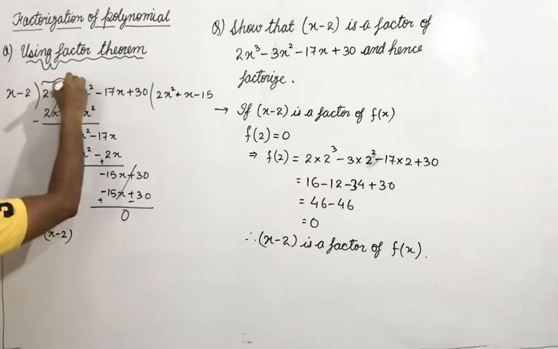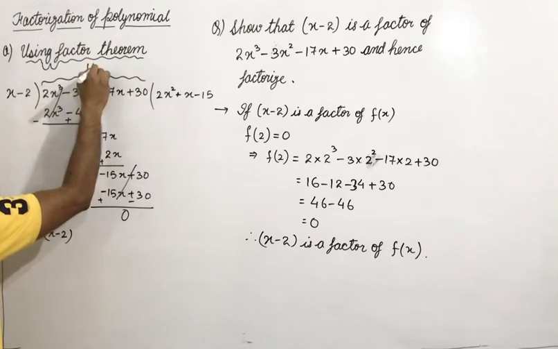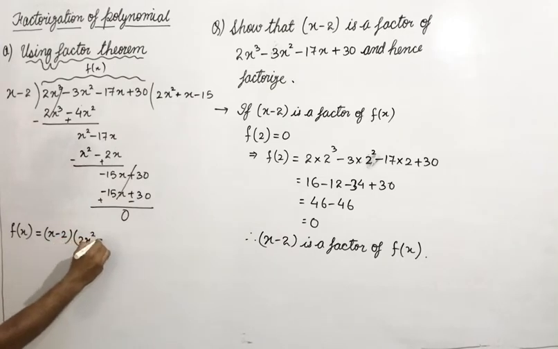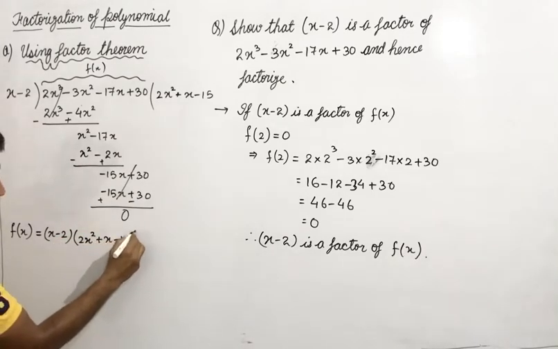This part is the fx, this part is the fx. This fx equals x minus 2 into 2x square plus x minus 15.